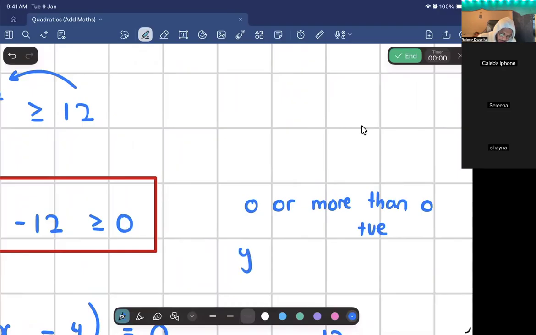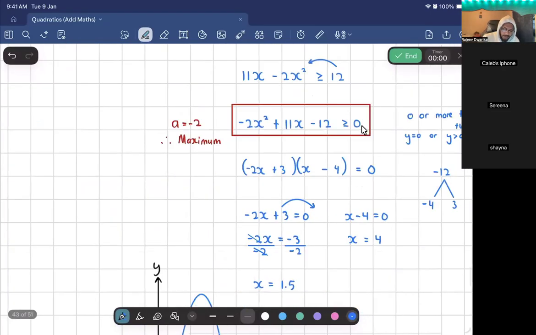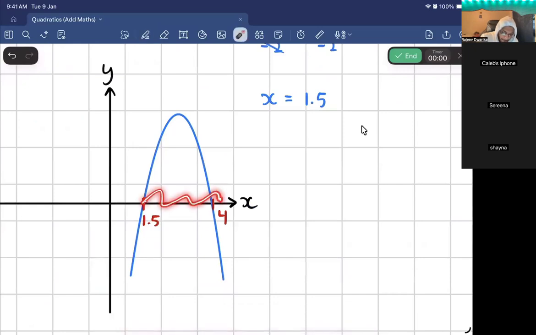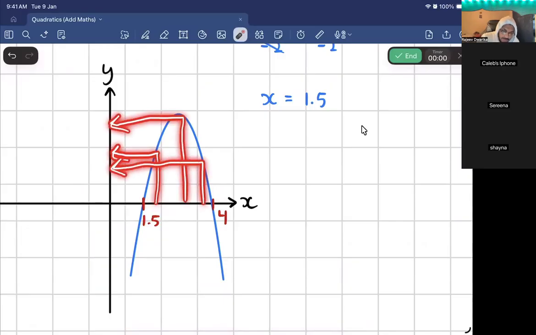So in other words, y could be equal to 0, or y has to be more than 0. In other words, positive. So like I said, when we took a value that was in between here, are we getting a positive or negative? And would that satisfy our inequality?